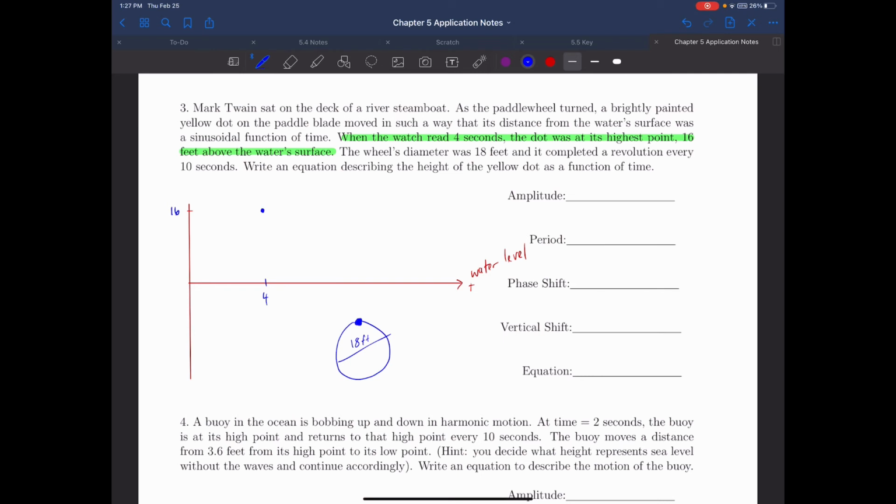So this one, the 18 represents the whole distance from the top value to the low value. So on our graph, we're going to have a value at -2. So 16 to -2, that's a value of 18. So that represents the diameter of the wheel. So at some point, we're going to have a low point at -2. So now we just need to figure out this midline.